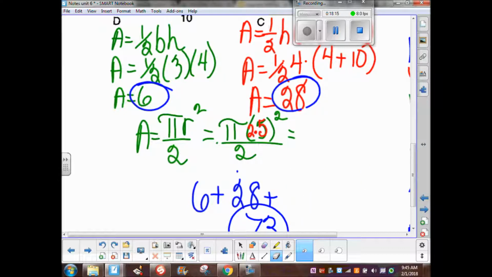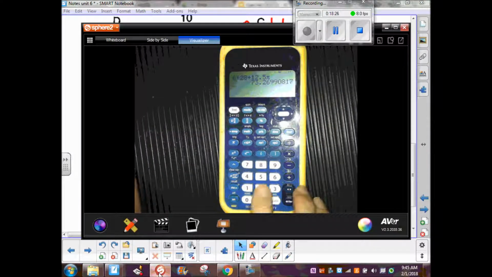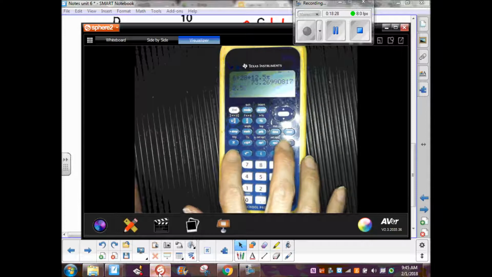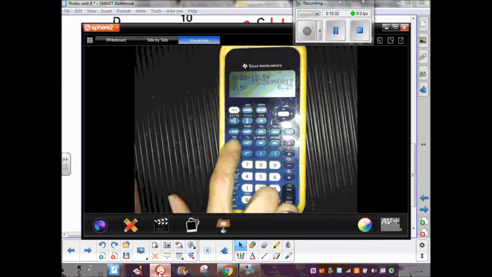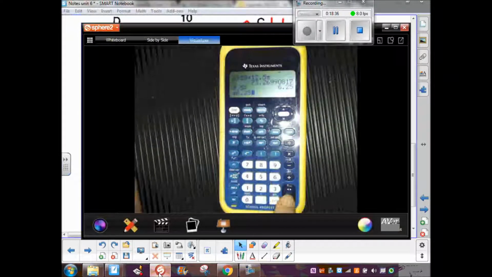So now let's recalculate our half circle. We got to recalculate that half circle. So I'm going to say 2.5 squared, and I'm going to hit enter, and then I'm going to multiply that by pi, and then I'm going to cut it in half.